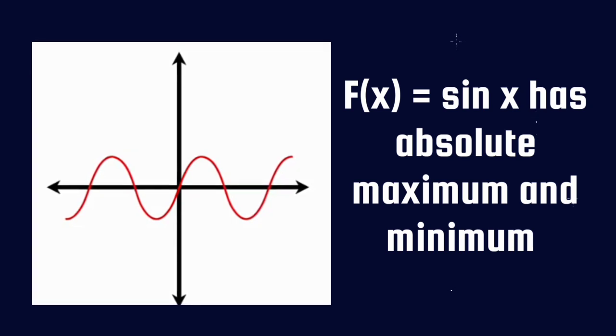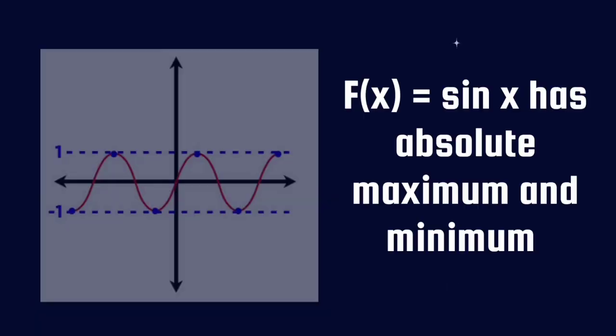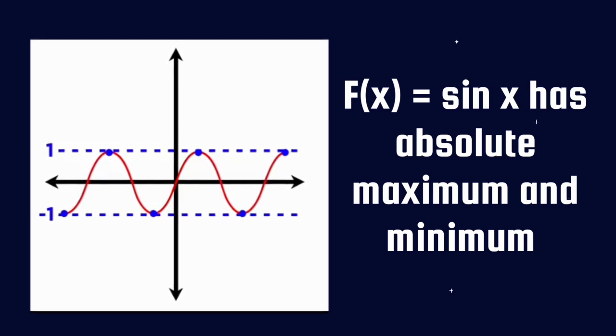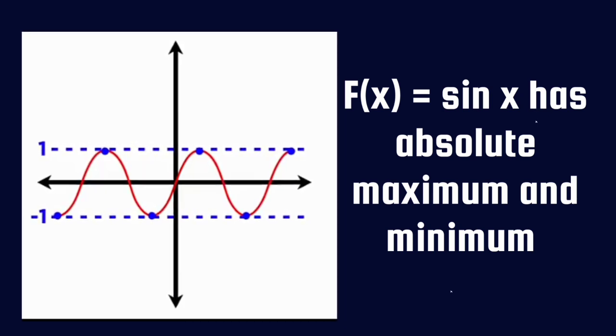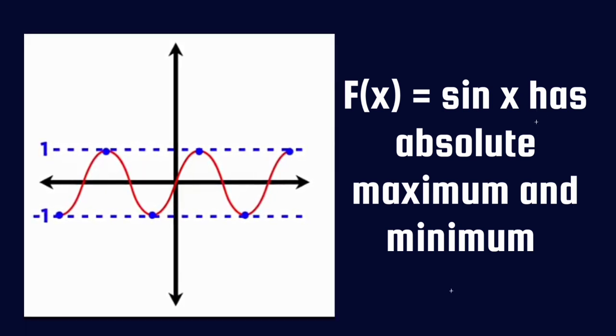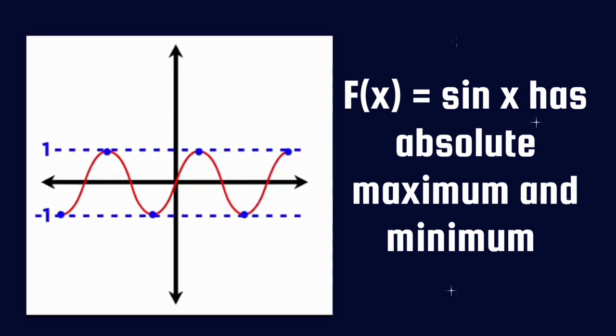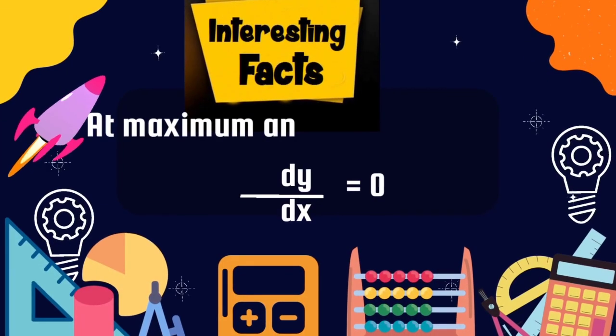As you can see, the sine wave has an absolute value, a highest point beyond which it cannot exceed. And so if you draw a straight line through the turning points of this sine wave, the maximum point is 1, while the minimum turning point is -1, and so it cannot exceed these two values.